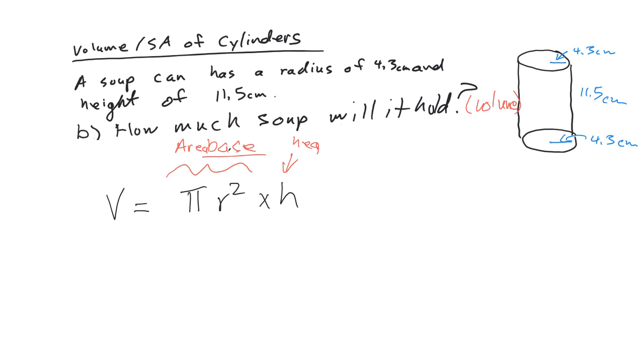Doesn't that sound familiar? Isn't that what we did in the past unit, in the past lesson? So here's what we do. Let's punch that into our equation. So we have 3.14 times r squared, which is 4.3 times 4.3. And then we multiply by the h value, which is 11.5.